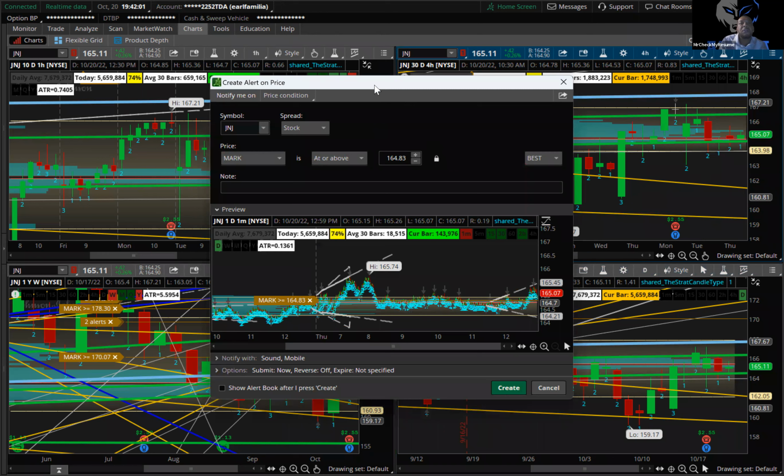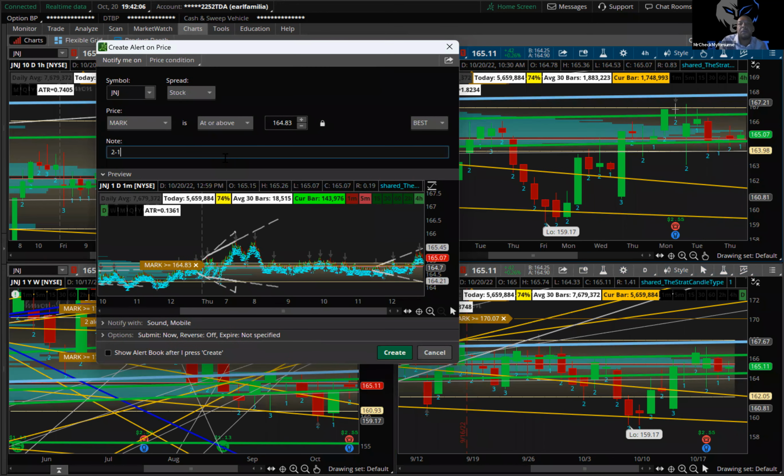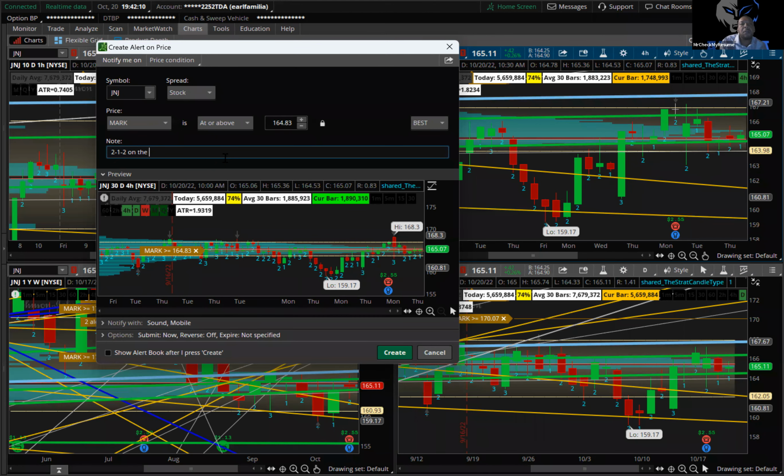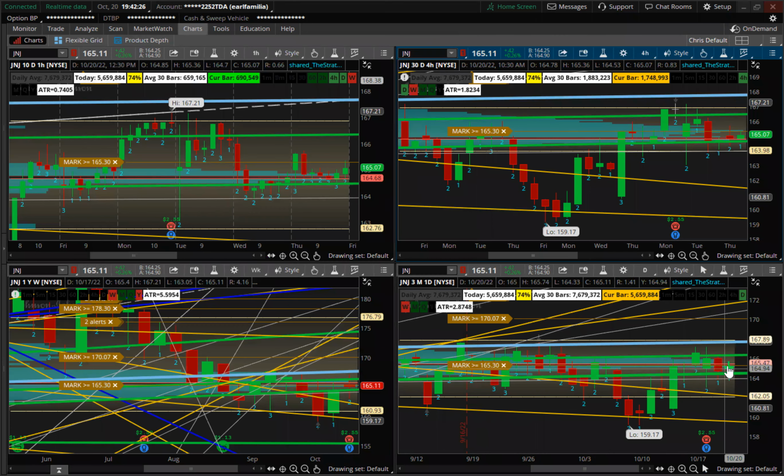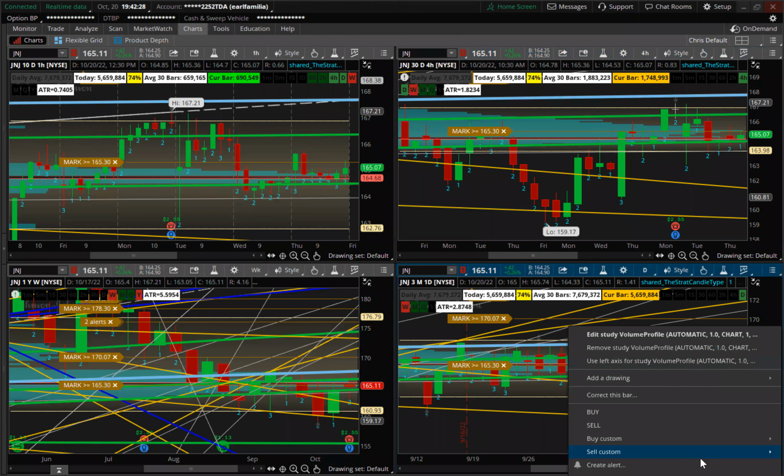Set these alerts here. 212 on the 4 hour. Yo, I was just on the TD app, and news came out at like 5:30 that LMT got an additional order for 3 Orion spacecrafts.